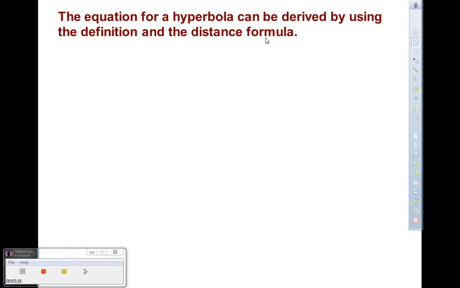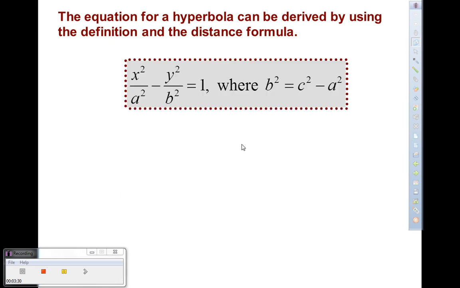Alright, so the equation of a hyperbola can be derived by using the distance formula, but for simplicity, I'm just going to give you the formula. We have x squared over a squared minus y squared over b squared is equal to 1, and b squared is equal to c squared minus a squared.